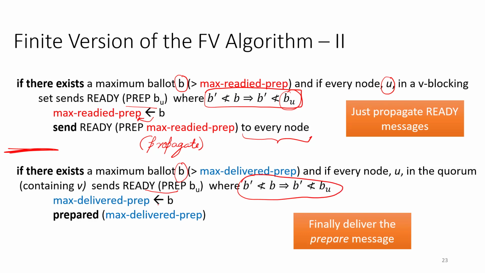We set max delivered prep to B and we say that this has been fully prepared. So we are not using the delivered term here, but we are saying that this has been fully prepared, or we are delivering the prepared message. So we can say deliver the message. And in this case, it was a prepare message, right? So deliver the prep message.